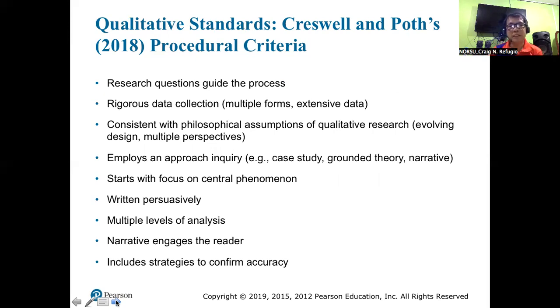Employs an approach, including case study, grounded theory, the narrative research design. We'll take up this one in another video. Starts with focus on central phenomena, written persuasively, multiple levels of analysis, narrative engages the reader, includes strategies to confirm accuracy.